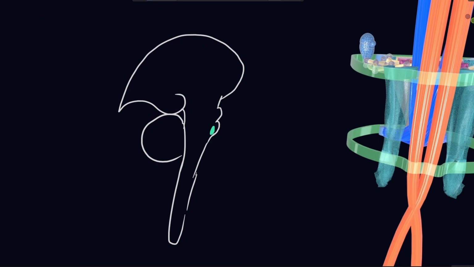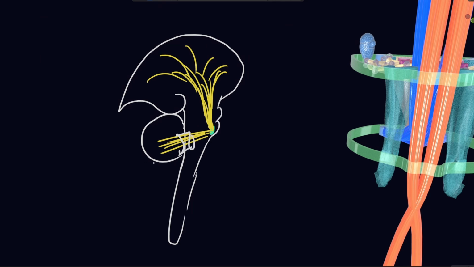Some fibers are coming from the cerebrum, and ultimately they will come to the olive, and then from the olive they will go to the cerebellum through the inferior cerebellar peduncle, which is connecting the medulla with the cerebellum.